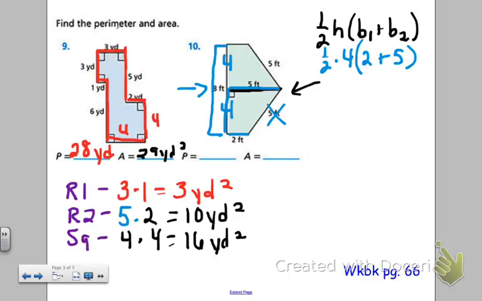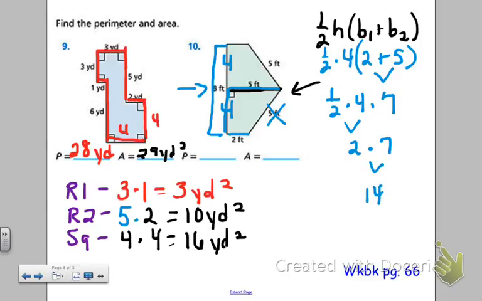So now it's going to look like this. Let's see, 1/2 times 4, or half of 4, is 2. And uh-oh, I forgot to do what's in the parentheses first, my mistake. 2 plus 5 is 7, and now I can do the multiplication. Half of 4 is 2. 2 times 7 is 14.